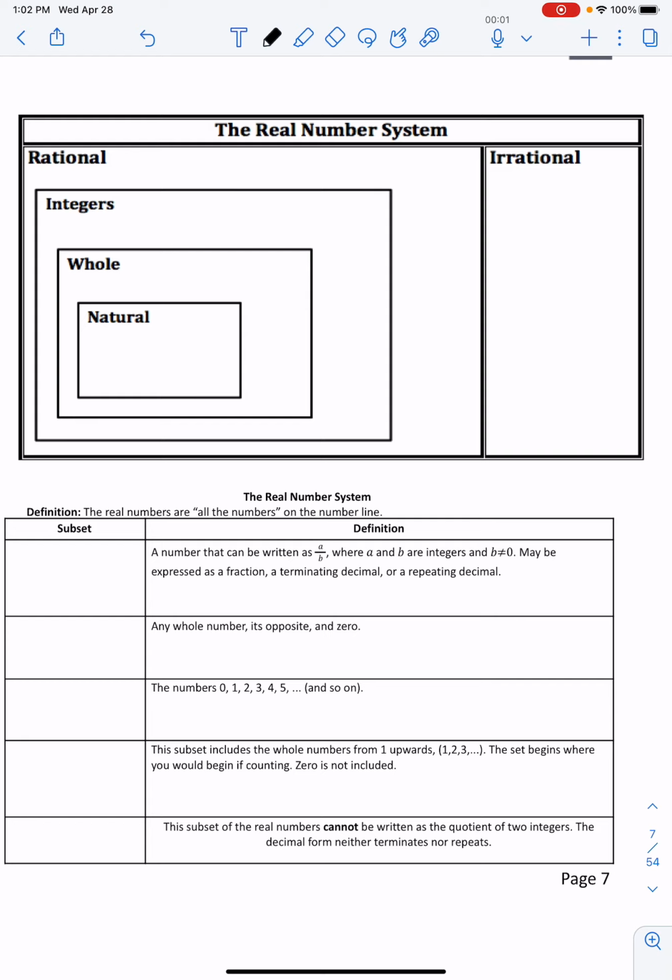So from those numbers that we have out there, we have our natural numbers, which are numbers such as 16 over 2, square root of 144, square root of 25, $89.